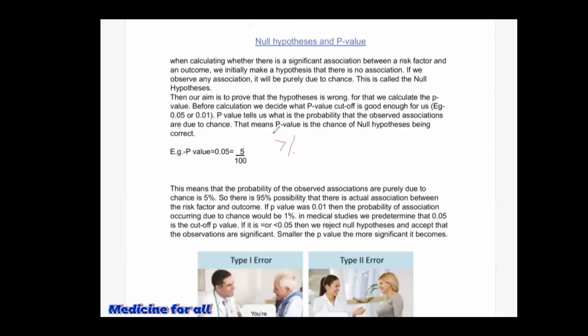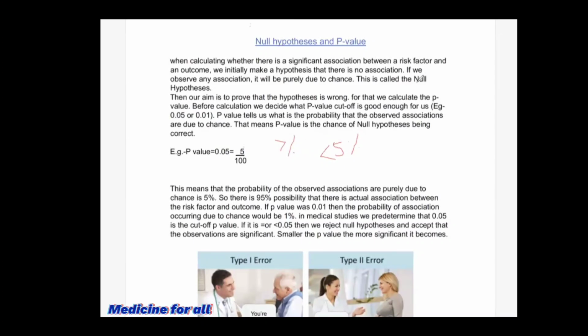So that is not good enough for a medical study. It should be less than 5. Because this is more than that, we say the null hypothesis is true. So that is the meaning of that.